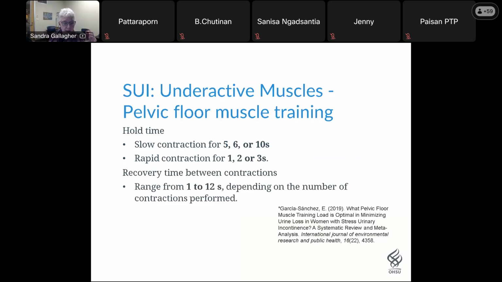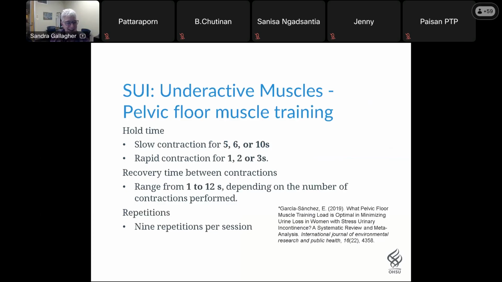So if people do a 5-second contraction for their slow contraction, they should do at least a 5-second rest for that period. If they're doing 10 seconds of contraction, give them 10 seconds of rest. And so, the recovery time matters.